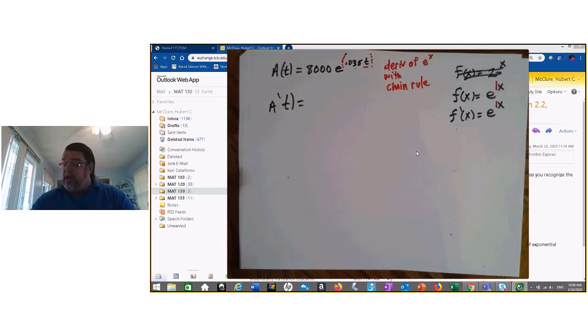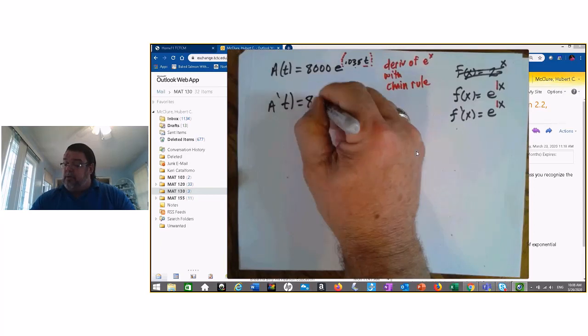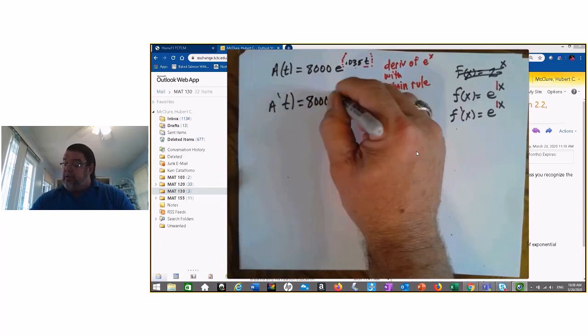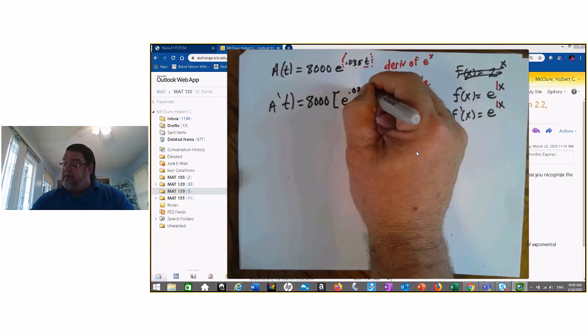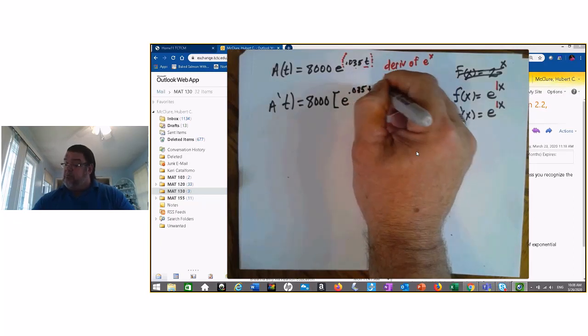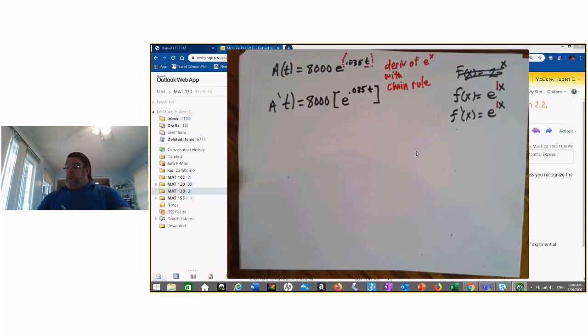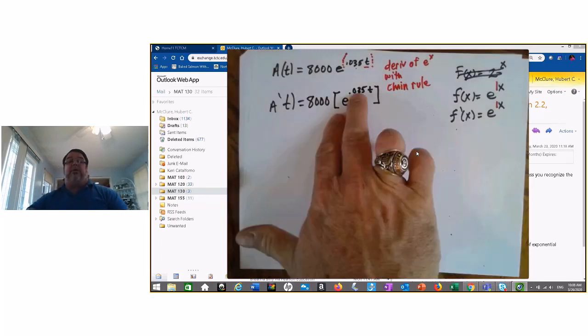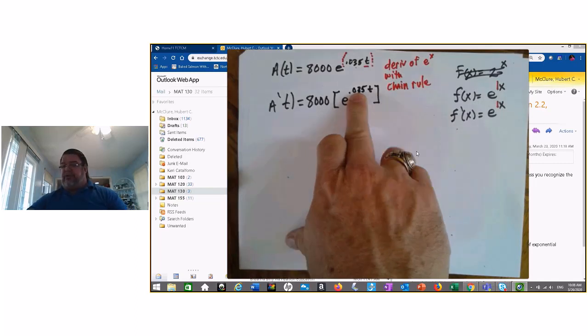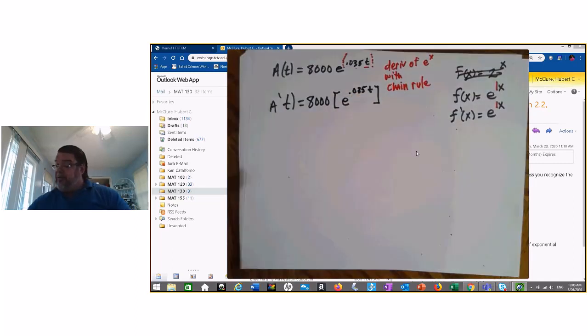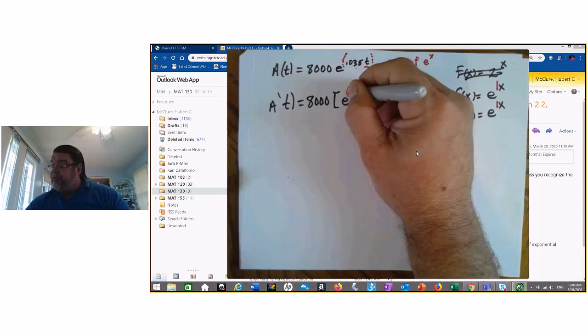And I'm just going to take the derivative of e to the 0.035t. So the derivative of e to the blank is e to the blank. But since this one has a 0.035 coefficient, I have to take the derivative of that also.